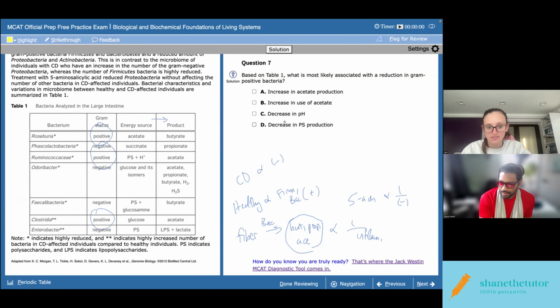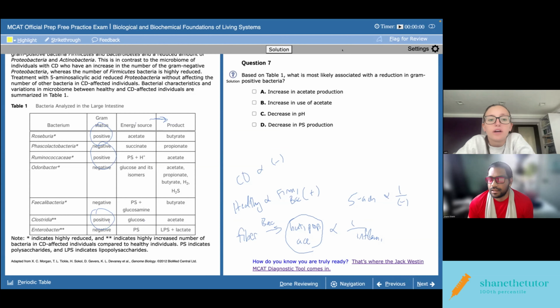And if something is going from this to this, it's going to reduce the thing that it starts off with, right? And the next one is just glucose turning into acetate. So if it's a reduction from this to this, then a reduction of a gram positive bacteria would create one of these answer choices. So if you look at which one comes out.